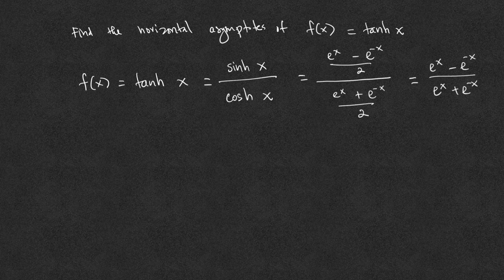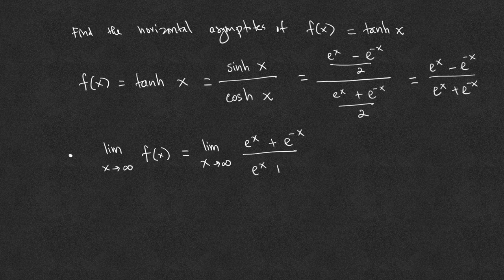To find the horizontal asymptote, we need to look at the end behavior, meaning we need to find the limit as x goes to infinity or negative infinity. Taking the limit as x goes to infinity of the function f of x is the same as taking the limit of e to the x minus e to the negative x over e to the x plus e to the negative x.